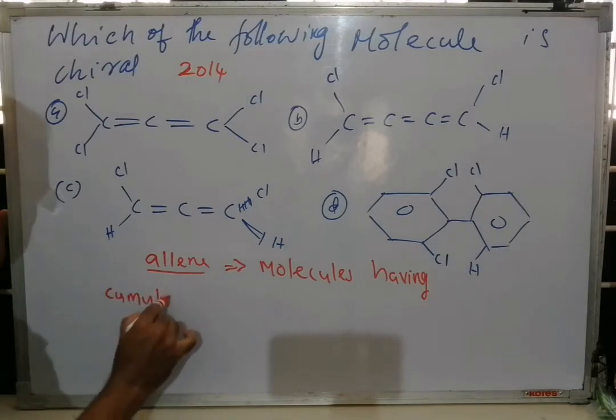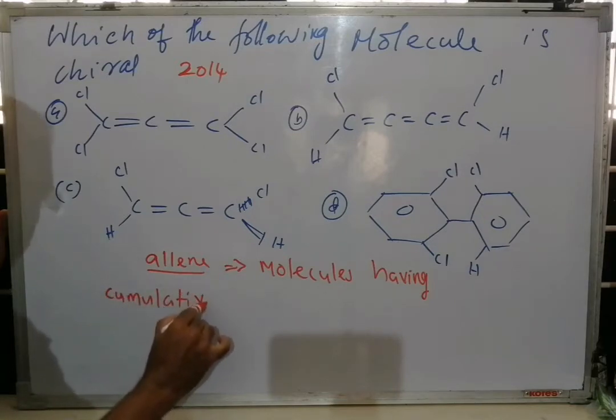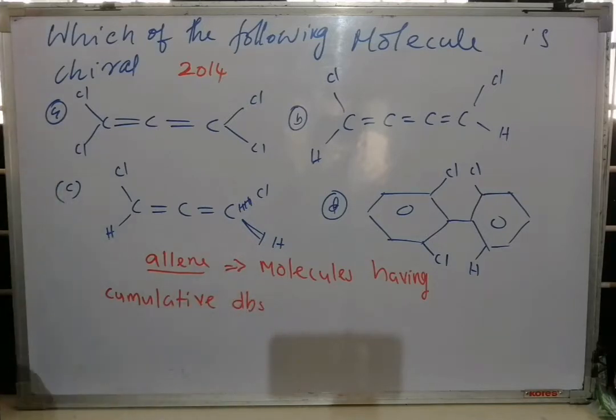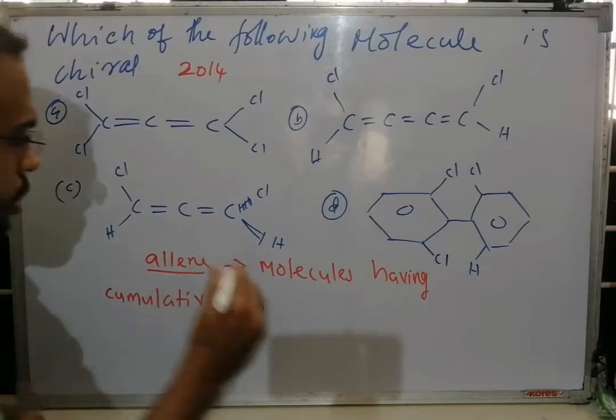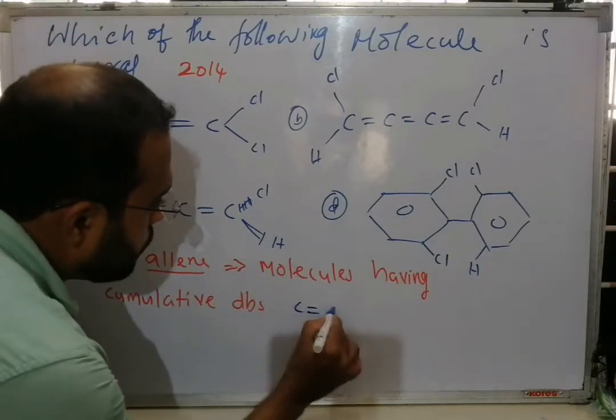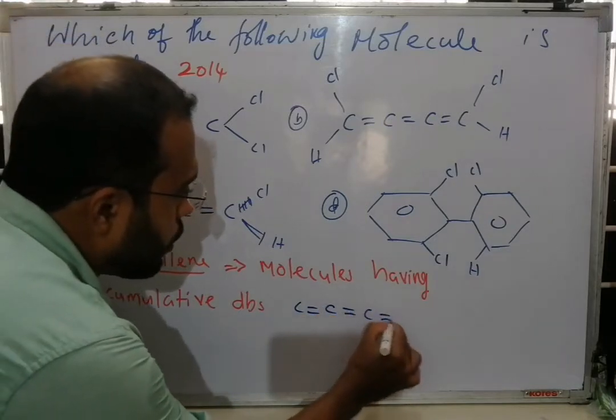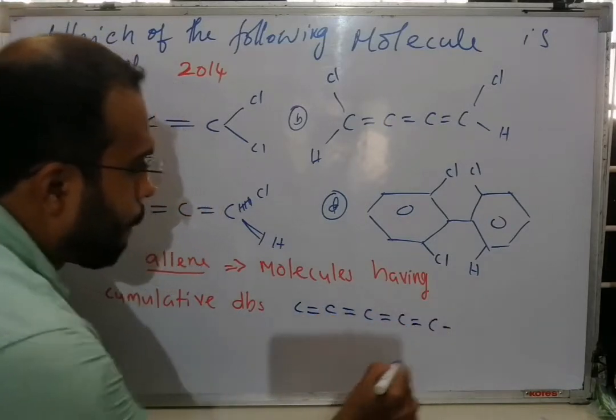You know what a cumulative double bond is? Cumulative double bonds are nothing but one double bond, another double bond, like this.